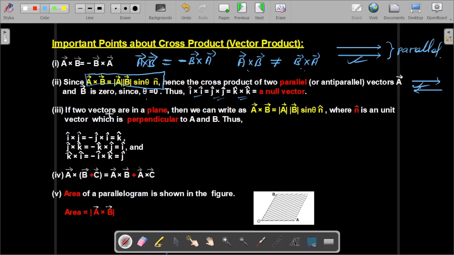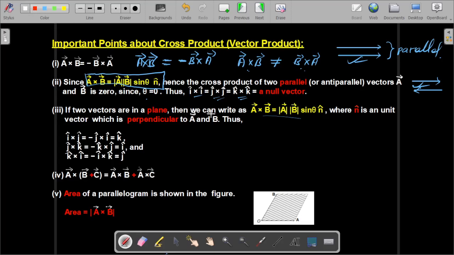Look at this. If two vectors are in a plane, then we can write this, where n is a unit vector which is perpendicular to A and B vectors mentioned already.